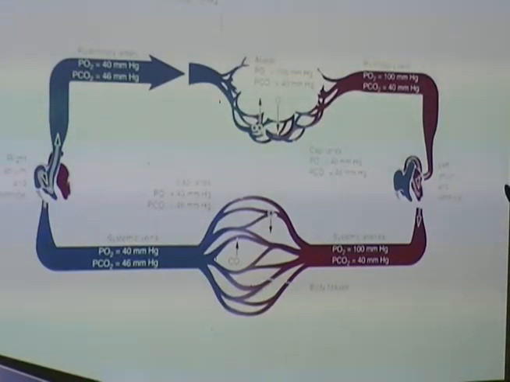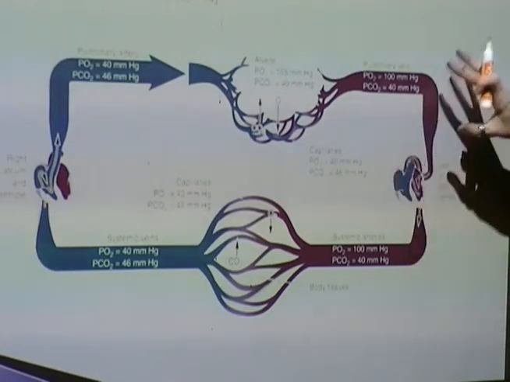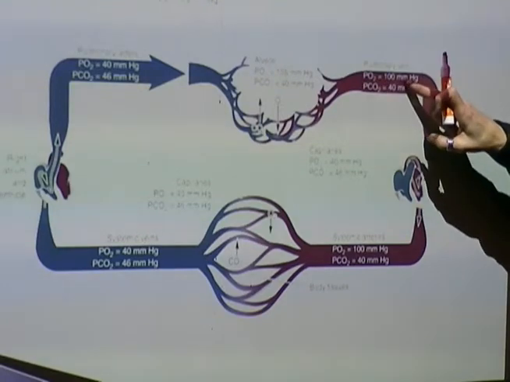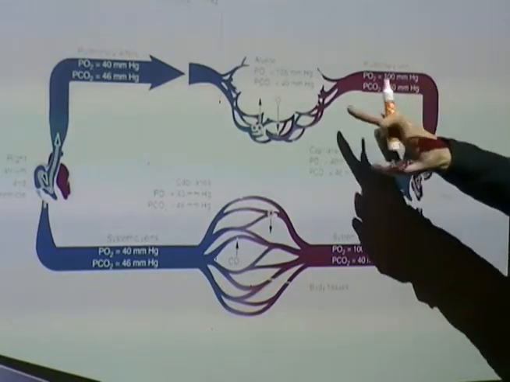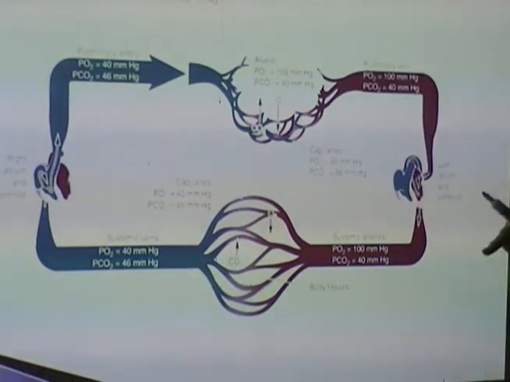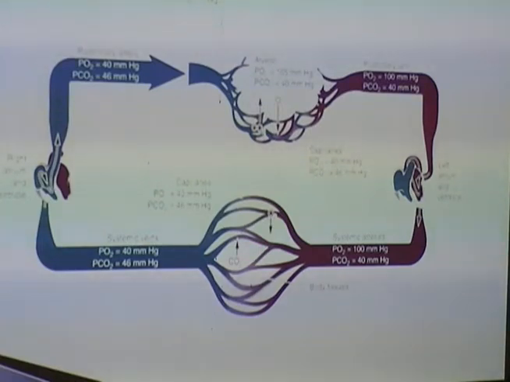So when I look at the partial pressure of oxygen in the arterial blood, leaving the lungs to go back to the heart, I've managed to get it up to 100. So I managed to get a lot of oxygen into the bloodstream, from 40 to 100. So we loaded a lot of oxygen out of the lungs and into the bloodstream.